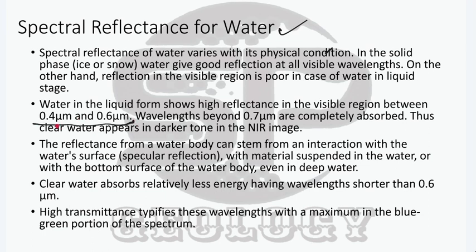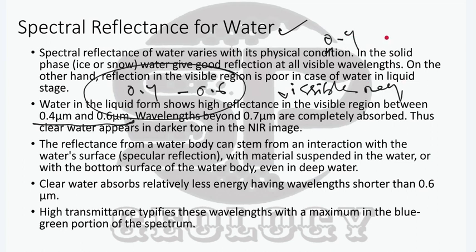Here you can see between 0.4 to 0.6, that is the visible region. 0.4 to 0.7 is the visible. If we consider 0.4 to 0.6, water shows its highest reflectance in that range.